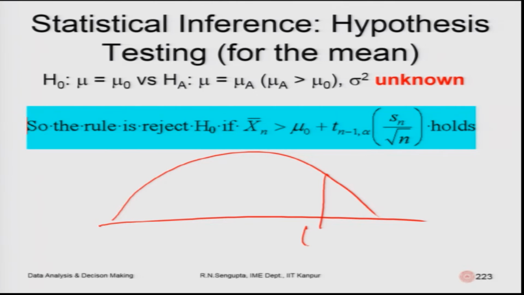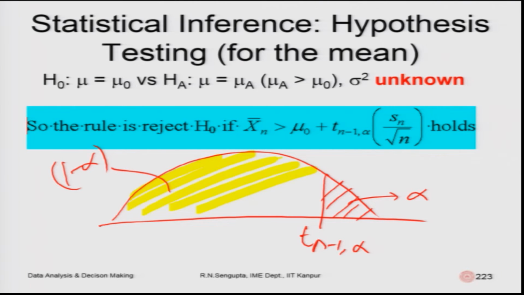So, this would basically be t n minus 1 alpha, this area is alpha, this area is 1 minus alpha, so we basically utilize it in such a way that the left hand side is 1 minus alpha.